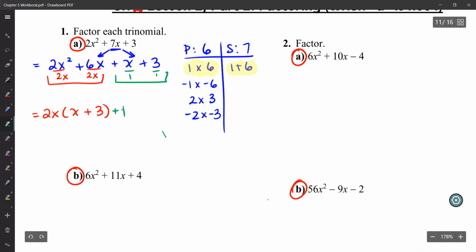Okay, that might have been a source of some confusion. In certain scenarios, if you didn't have a common factor, we will always take out a plus 1 from that second set of terms. So all we're going to be left with is x plus 3, which means that our final answer here is x plus 3. And then I'll be left in the second bracket with 2x plus 1.